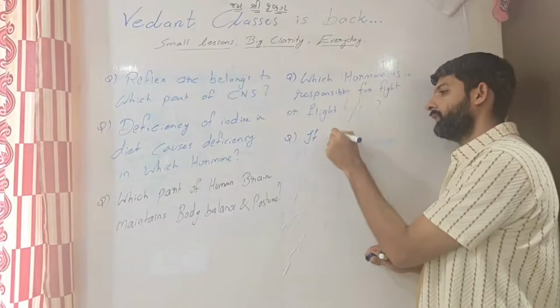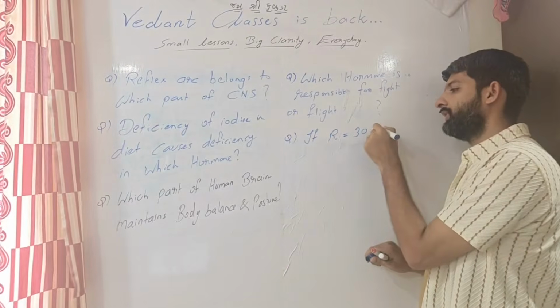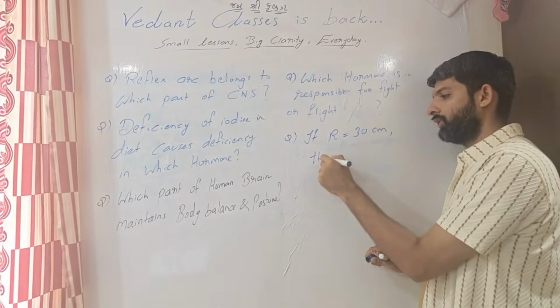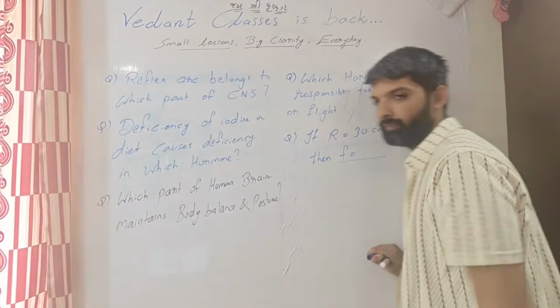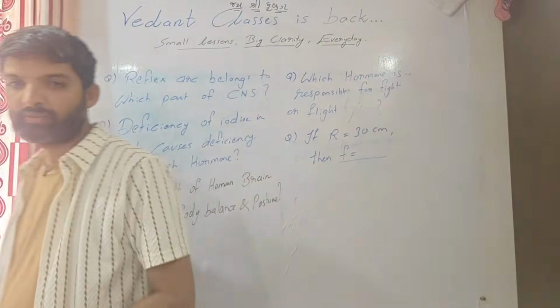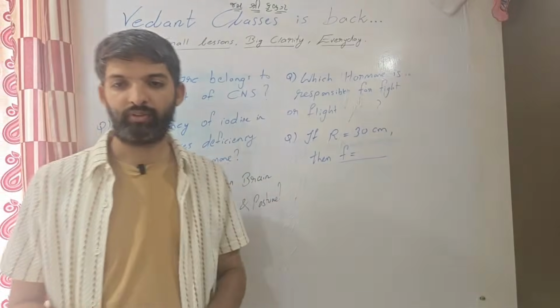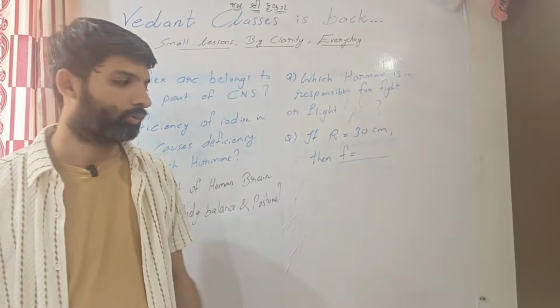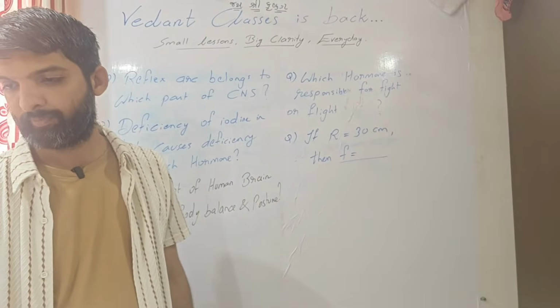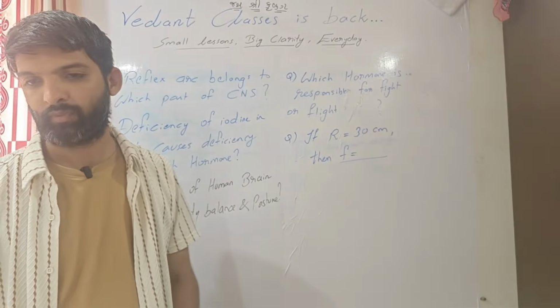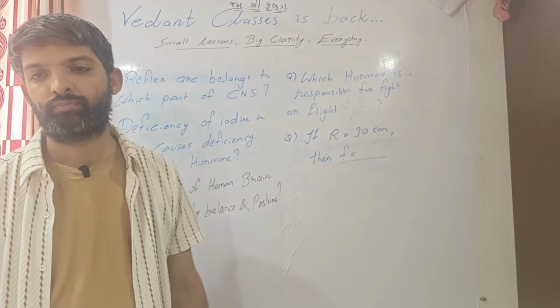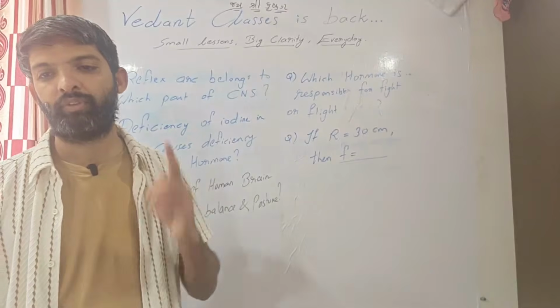If radius of curvature is 30 centimeter, then what will be the focal length? I couldn't ask a more easy question than this. There is nothing easier than this in the world. I wish everyone must answer this question.